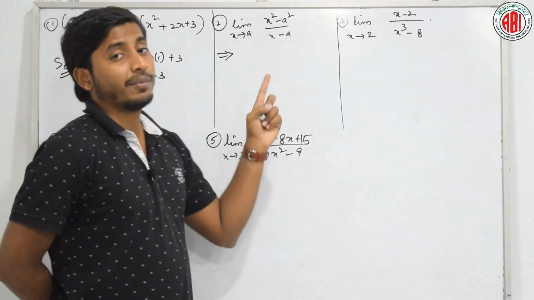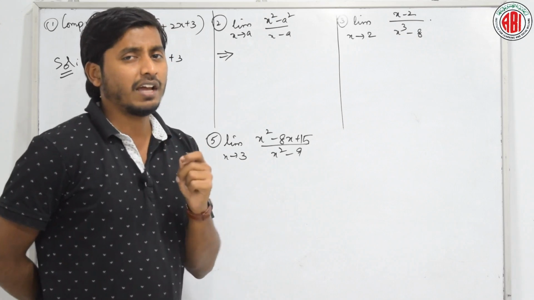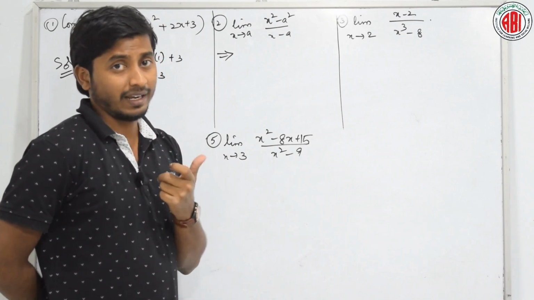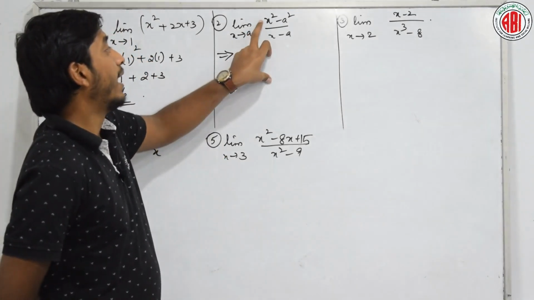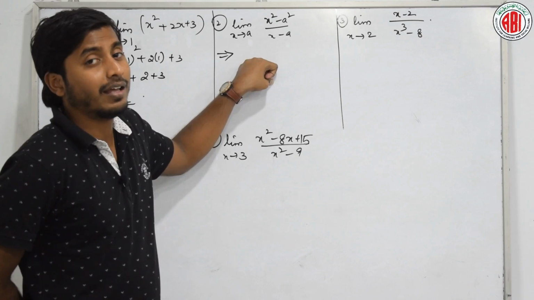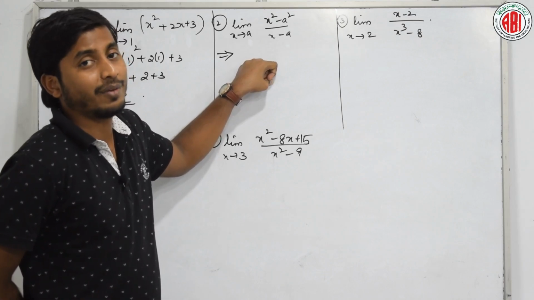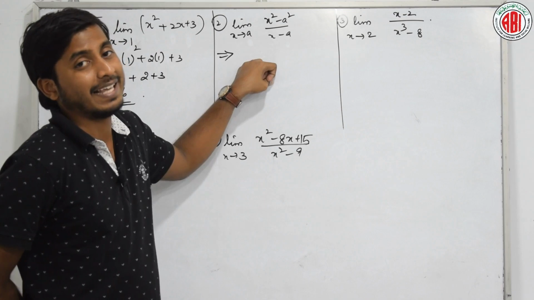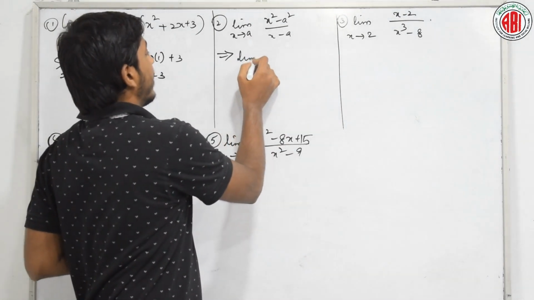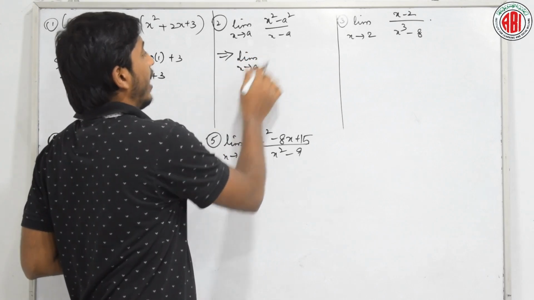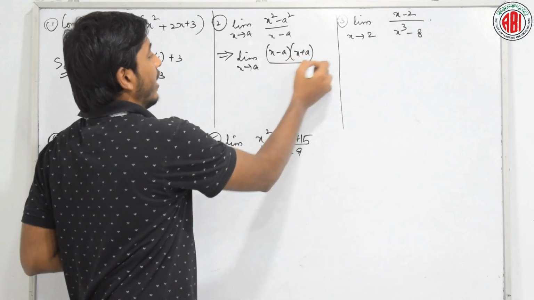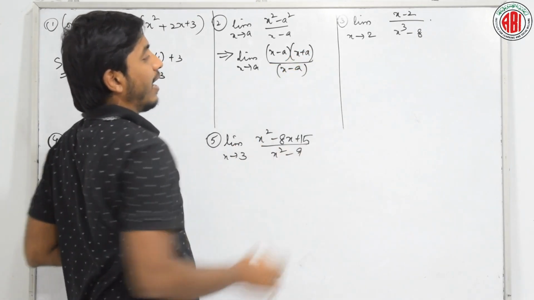Clear? If there is an indeterminate form, you have to remember that we have to simplify a bit. How to simplify and what to simplify? Now just check it here. x square minus a square. Can I do something with that? Tell me. x square minus a square can be written as x minus a into x plus a. Isn't it? Fine. Let us write it as limit x tends to a, x minus a into x plus a divided by x minus a.